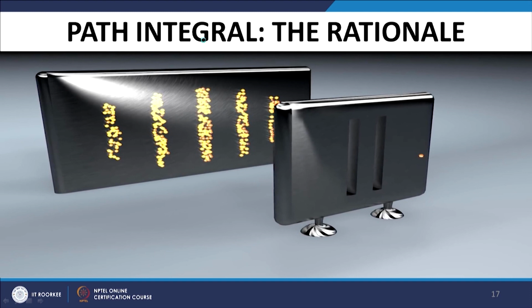Similarly, if screen B also has an infinite number of slits, screen B disappears. And if the number of such screens, each with infinite slits, is increased to infinity, then all the screens disappear and there is vacuum between the source S and the detector screen.